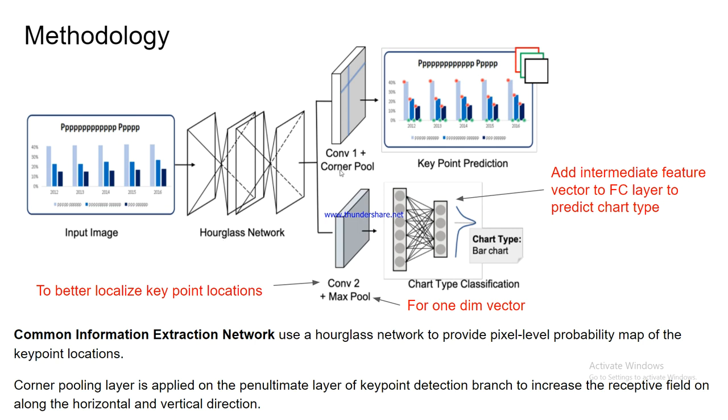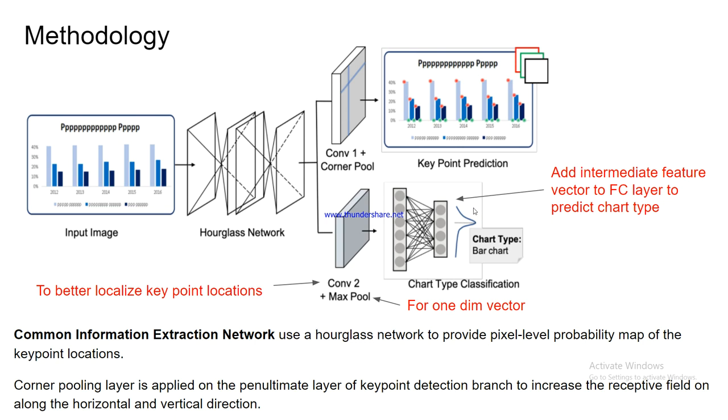Corner pooling is applied on the penultimate layer of the key point detection branch to increase the receptive field along the horizontal and vertical directions. It also uses convolution to better localize key point locations, converting that into a one-dimensional vector.